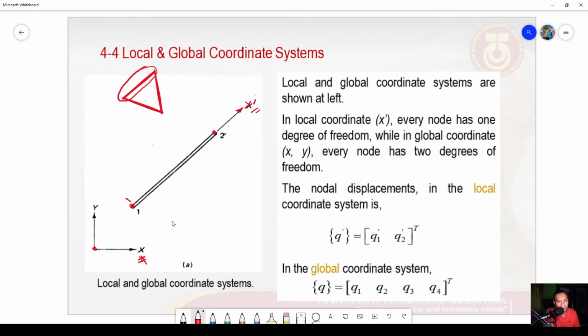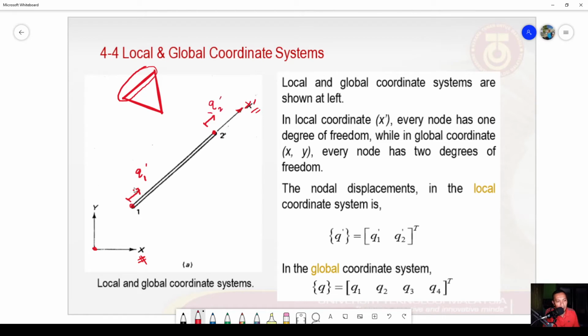So if we view these elements of our truss locally, then the displacements are similar to the ones that we solved in the 1D bar problem, where we will have Q1 and then Q2.